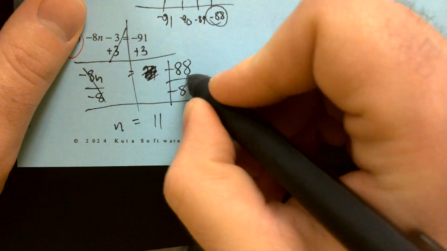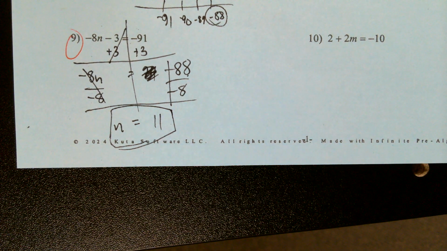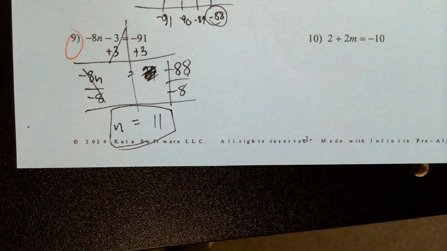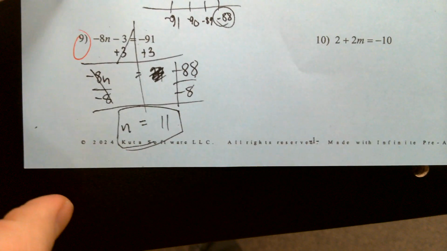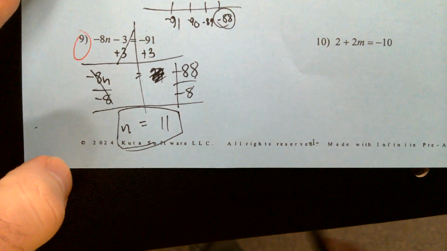And 8 goes into 88 11 times. N is equal to 11. It's a great one to go over, whoever suggested that. Thank you. Questions on number 9? Anybody get number 9 right? Got 11? No, Preet, Gia, Giselle, Kamara. Good. Okay, perfect.